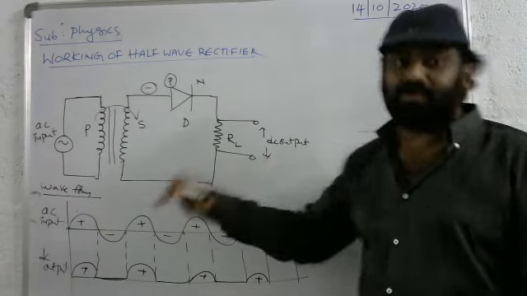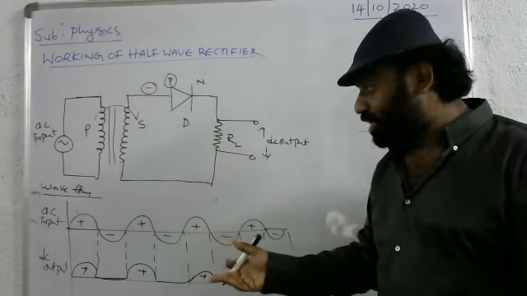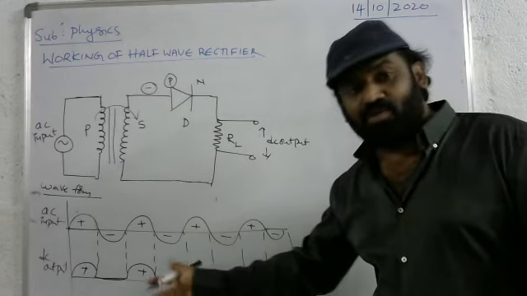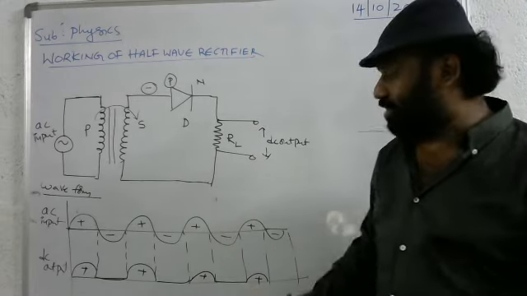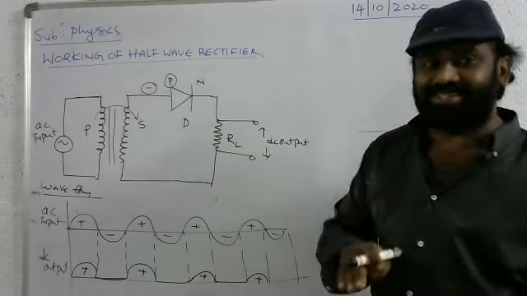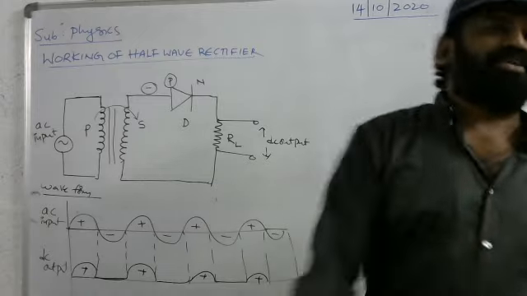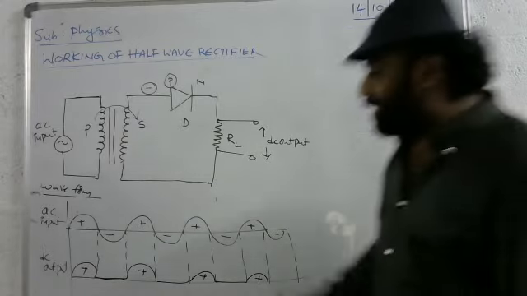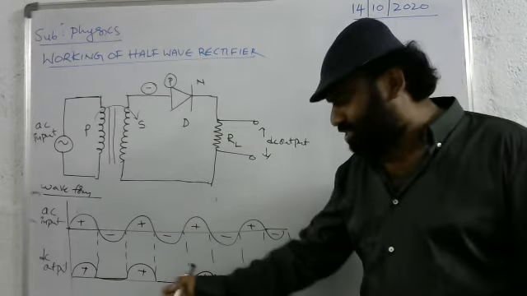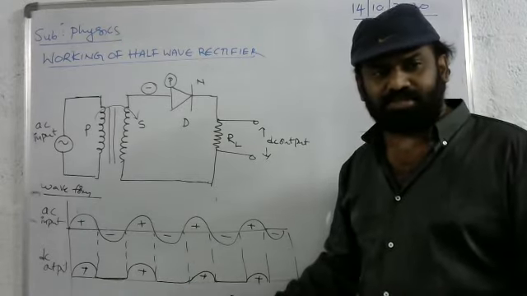But during negative half cycles of AC, diode D is in reverse bias, it does not allow the current, we won't get any signal here. That's why we have only half of the input AC wave as a DC and hence it is called half wave rectifier, because it rectifies only half of the input wave. Here we get the DC output as a discontinuous wave, not a continuous one.